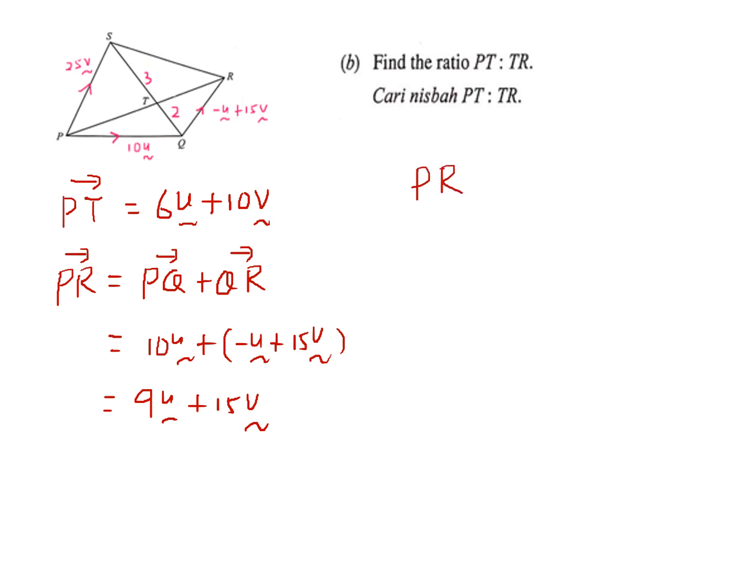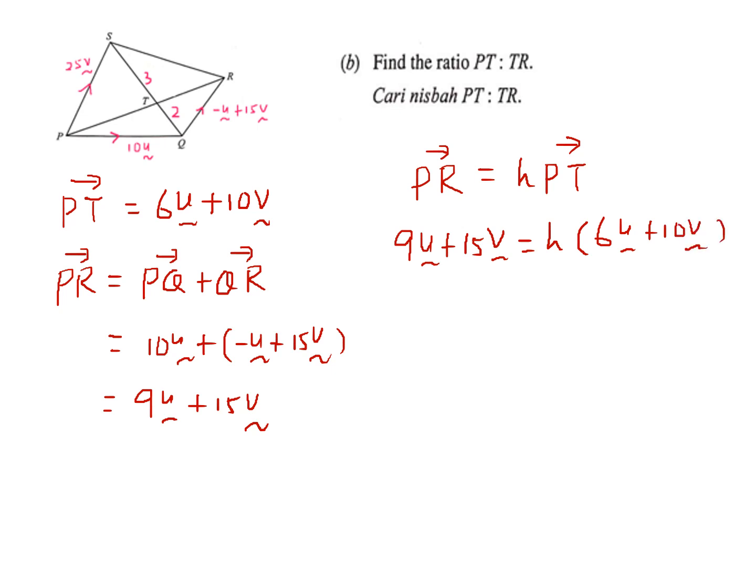Now we express PR as H times vector PT. By substituting the vector PR, 9 vector U plus 15 vector V equals H times PT, which is 6 vector U plus 10 vector V. By comparing the vector U, 9 equals 6H, so H is 3 over 2.